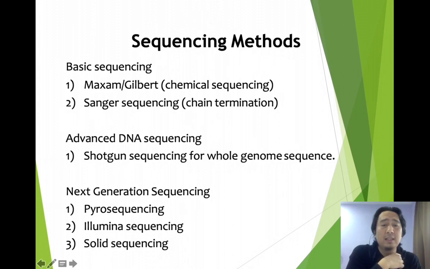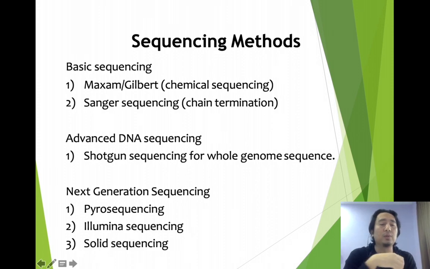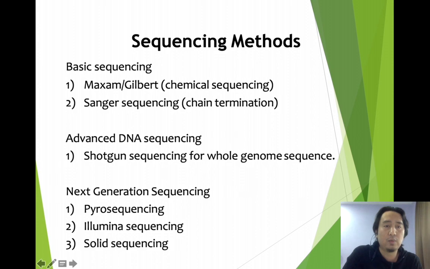Then there is advanced DNA sequencing, shotgun sequencing for whole genome sequencing that was used in human sequencing. I believe some of your friends already covered it in the individual assignments, and also next generation sequencing, pyrosequencing, Illumina sequencing, and SOLiD sequencing. But today I'm going to cover only the basic sequencing, Maxam-Gilbert and Sanger sequencing.